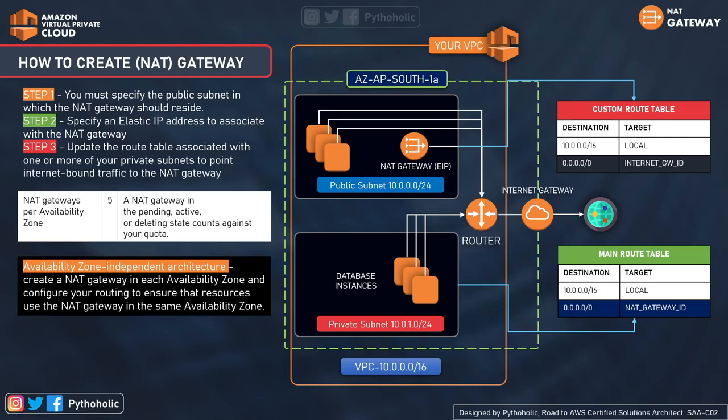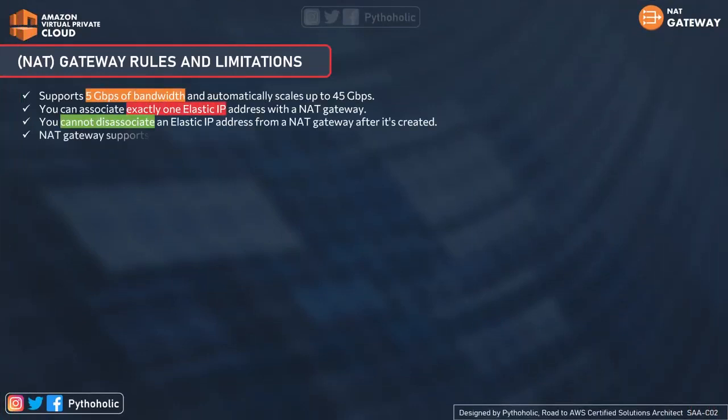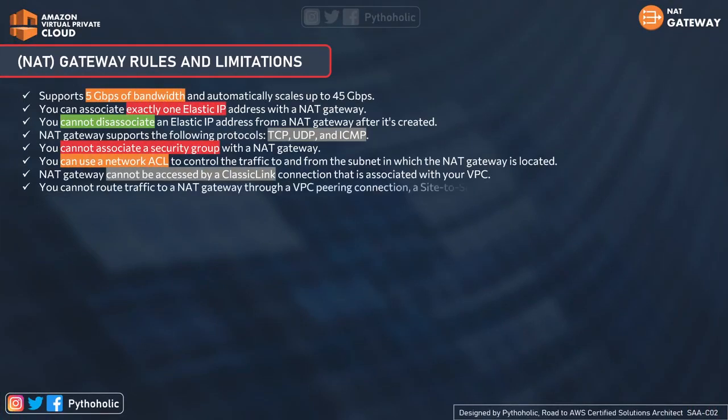So I hope you got the idea here that if your instances that are in the private subnet want to have internet connection, they have to go through the NAT gateway which resides in the public subnet. So public subnet means your subnet will have access to the internet gateway through which you will be able to access the internet. So now let's talk about some of the important rules and limitations for creating a NAT gateway.